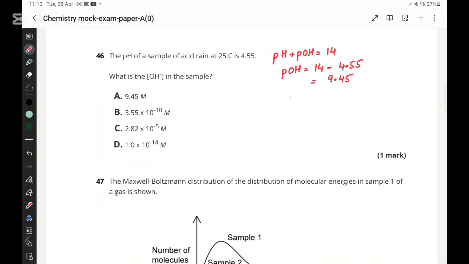The hydroxide ion concentration is equal to 10 to the power minus pOH, which is 10 to the power minus 9.45. You have to put it in the calculator, and it comes out to be 3.55 times 10 to the power minus 10, and that is B.